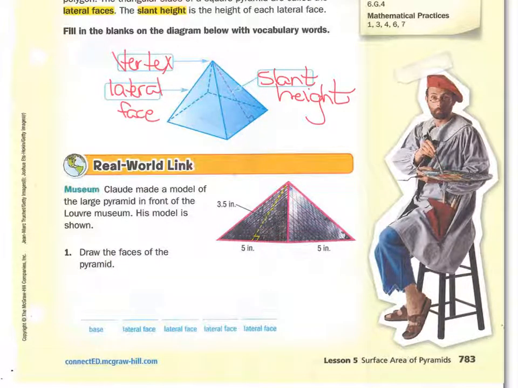Okay, so let's talk about the different faces of this pyramid. We can see this one, and we can see this one, but we can't see the others, right? Because this is three-dimensional. So the base of this is going to be a square. One of the lateral faces is a triangle, and it looks like that. You can see it. The other one is going to be the same.